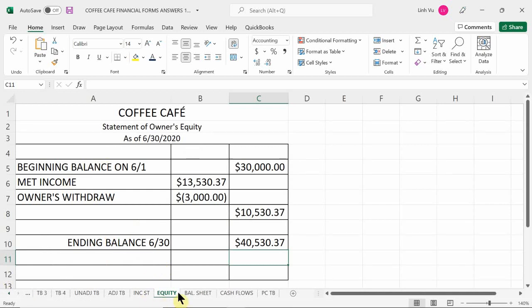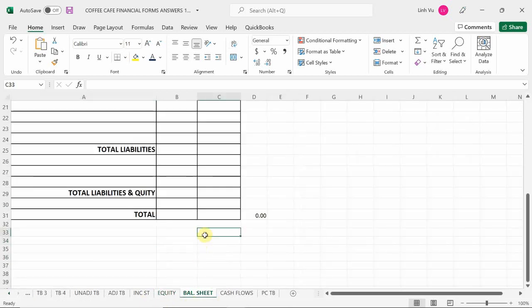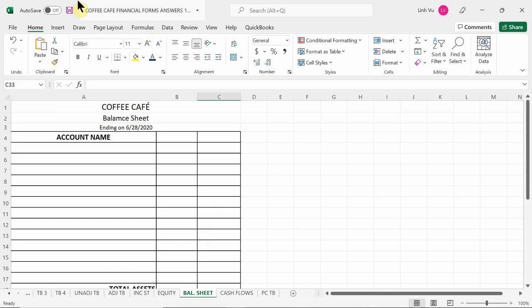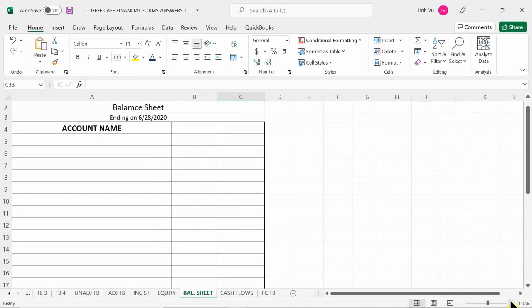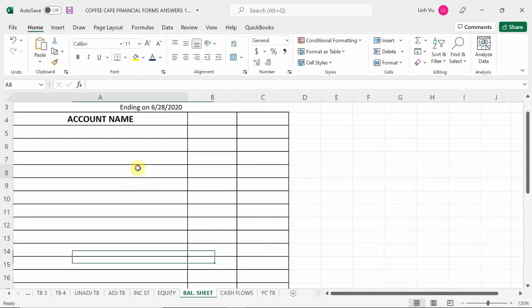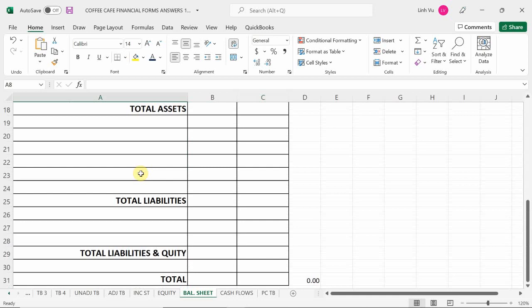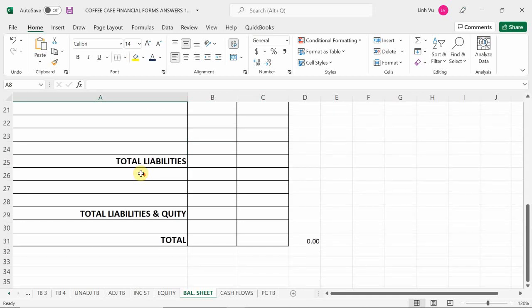Now, the next statement we have to do is the balance sheet. The balance sheet, again, tests the accounting equation. So we need to take all of our assets and put in all of our liabilities. And last but not least, we have our equity.